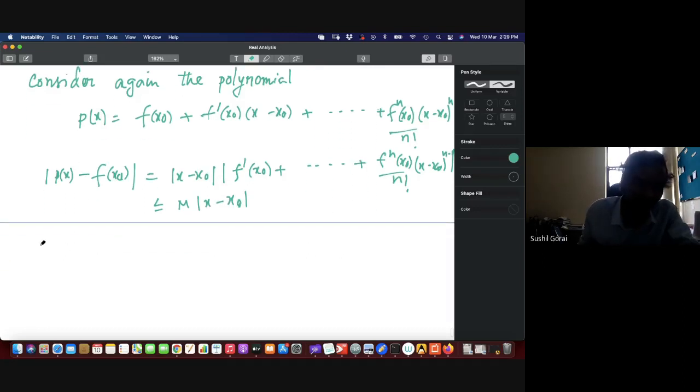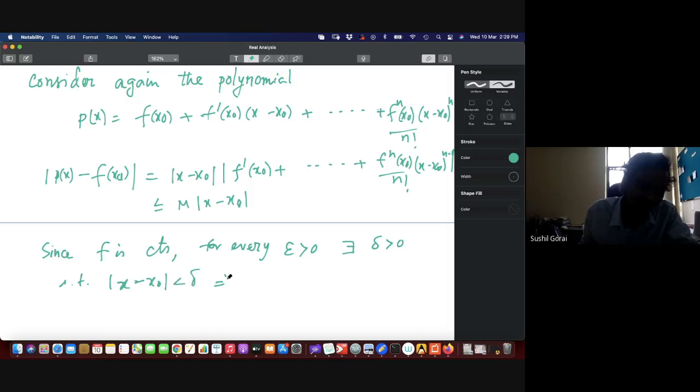Now since f is continuous, for every epsilon greater than 0 there exists delta greater than 0 such that mod of x minus x naught less than delta implies mod of f x minus f x naught less than epsilon.